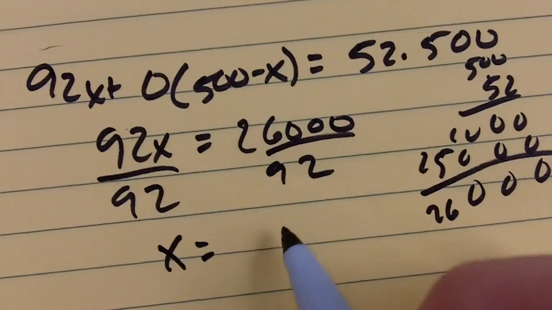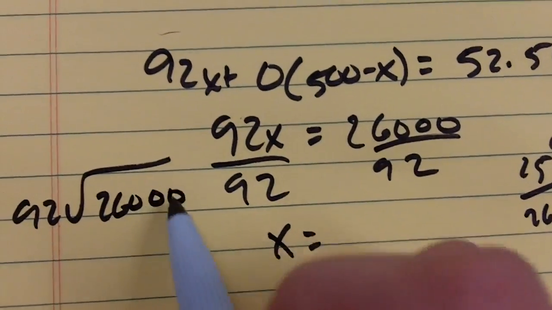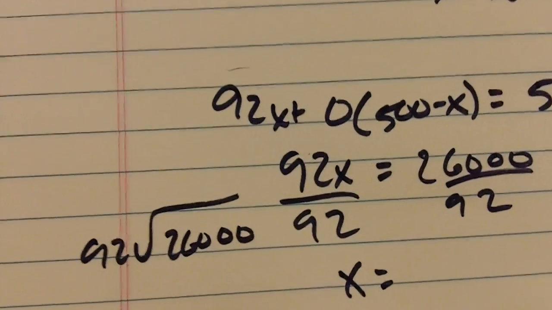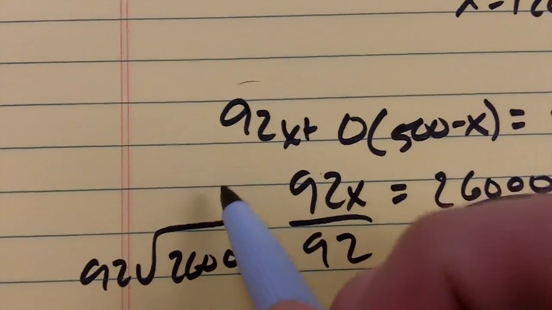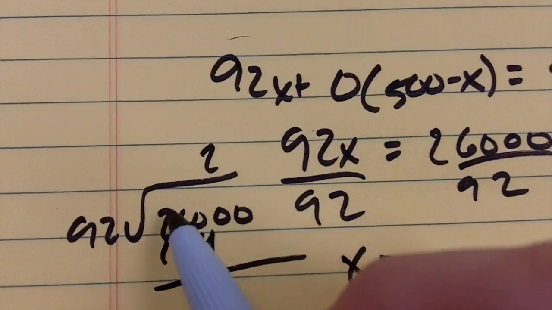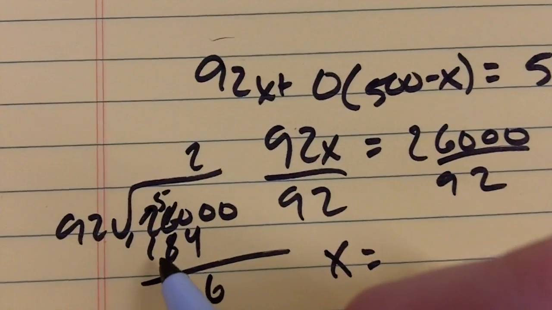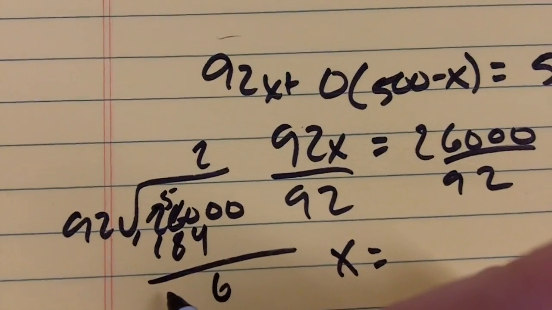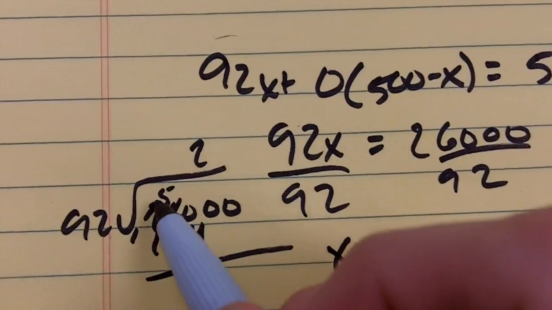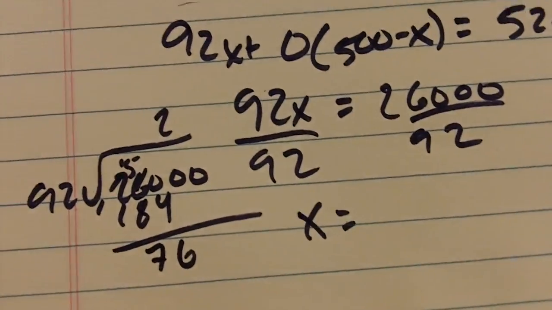X equals, let's see, I've got to actually divide this now, 92 into 26000. 92 goes into 260 once, twice is 184. I think it's only going to go twice. 184, subtract, that gives 76.